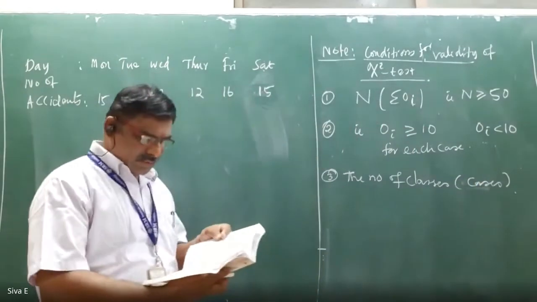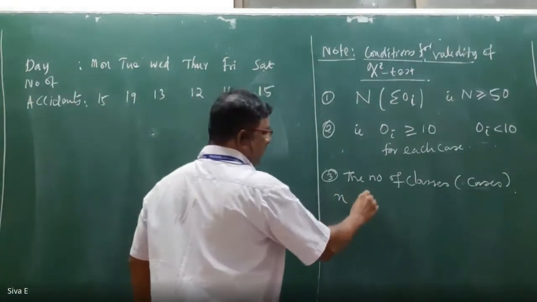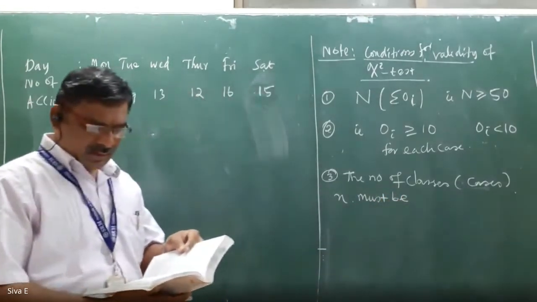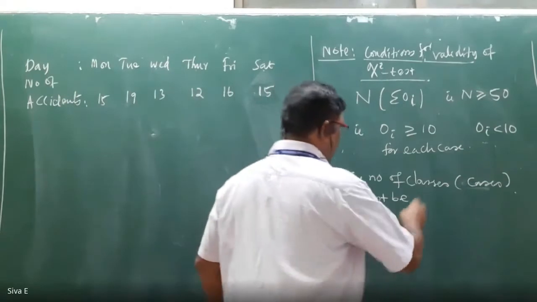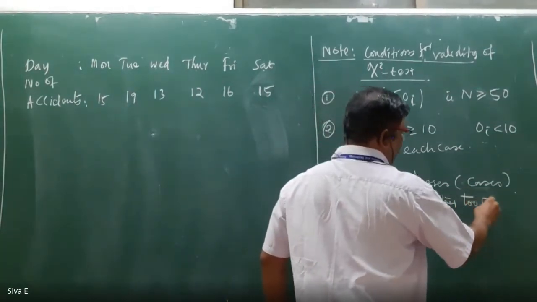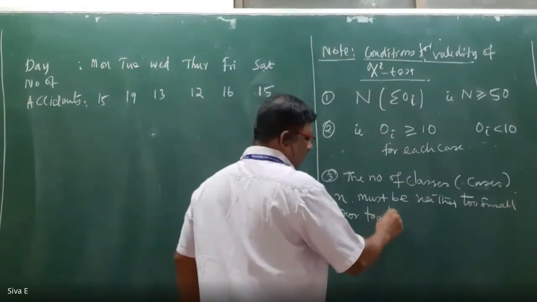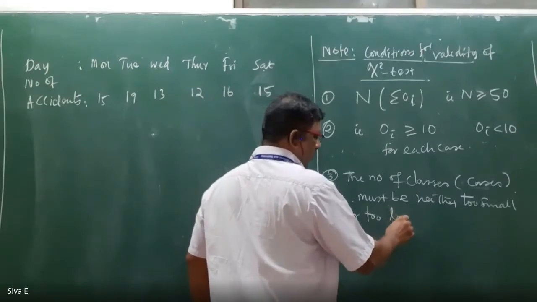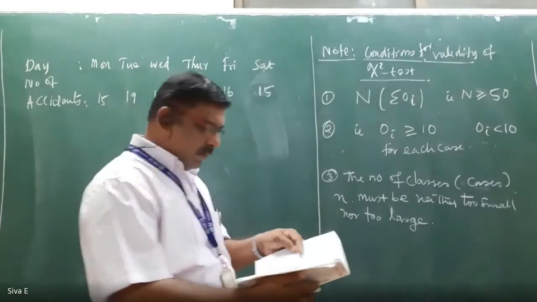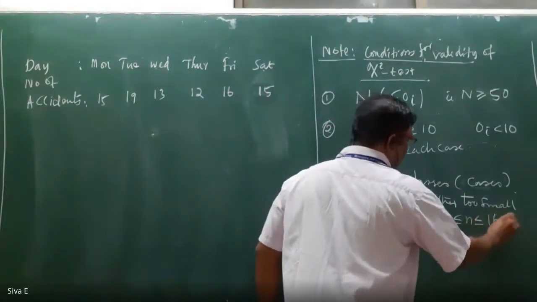The number of classes n must be neither too small nor too large. Any limit is there for this? Yes, that is 4 less than or equal to n less than or equal to 16.